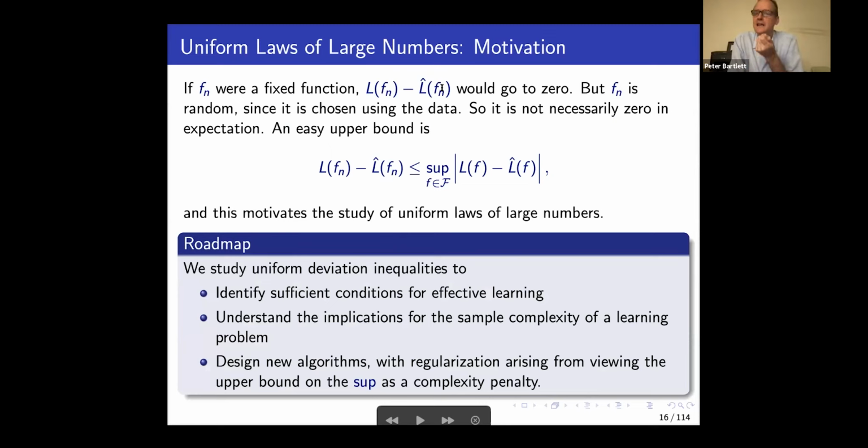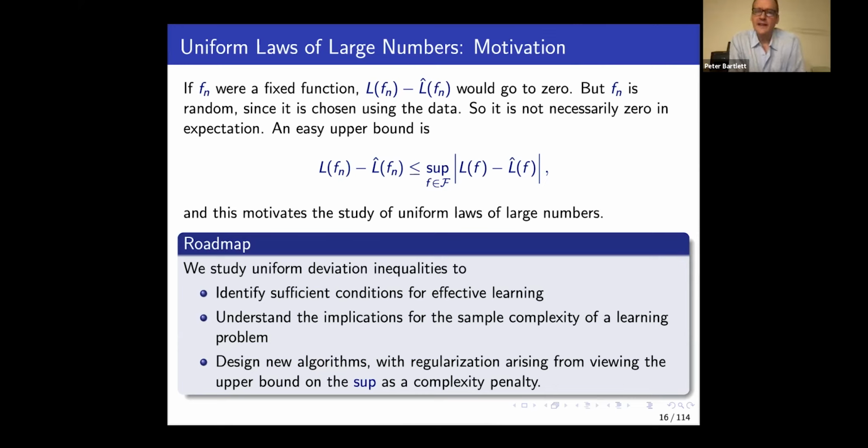But when we choose Fn from some class to minimize the empirical risk, we get a biased estimate of the expected loss. It's not necessarily zero in expectation, unless you're in a totally trivial situation where you can only choose effectively one function. It certainly doesn't have expectation zero.